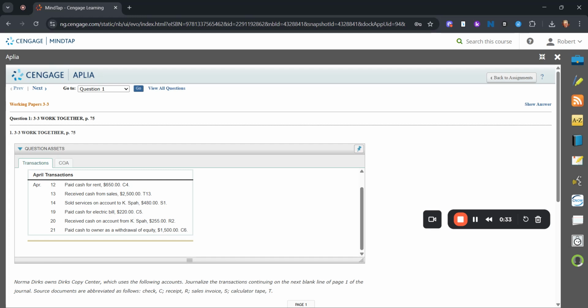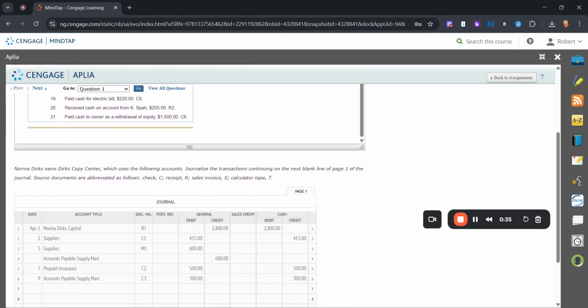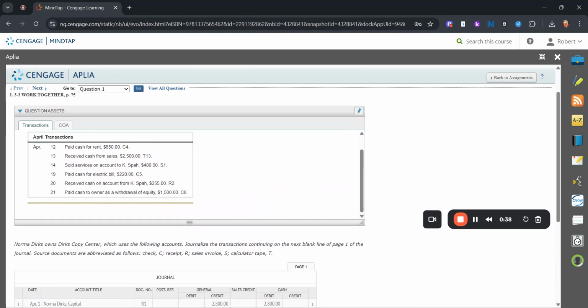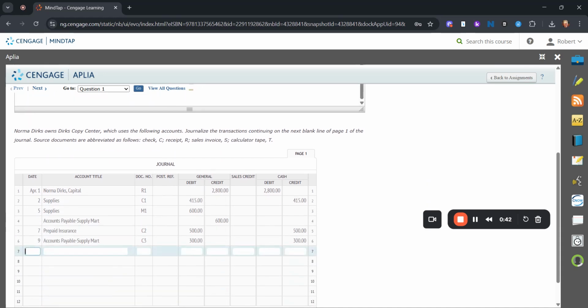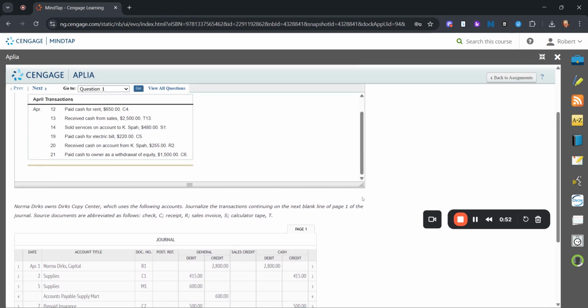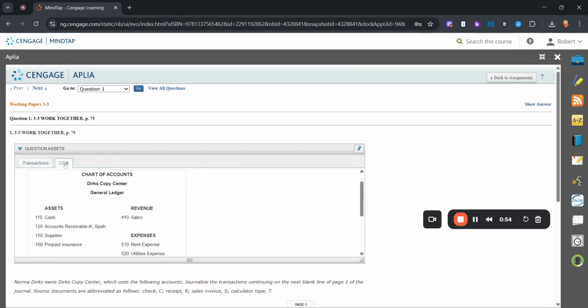So our first transaction, April 12th, paid cash for rent, check 4. So put the 12th in there. And there's going to be more here than just rent. So you can look at the chart of accounts or use the example in the book.